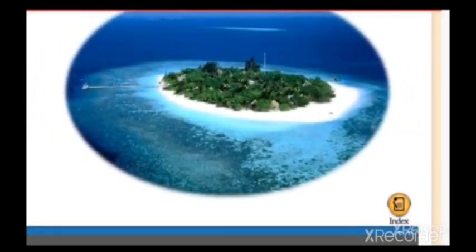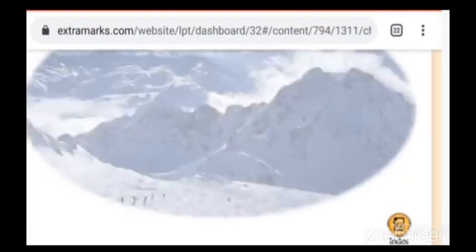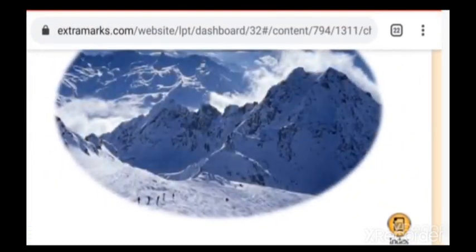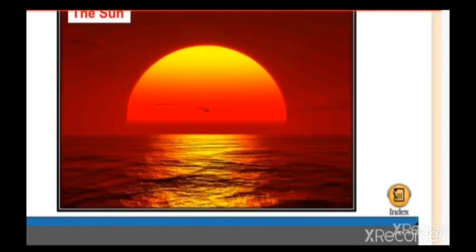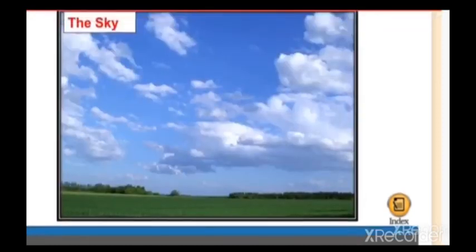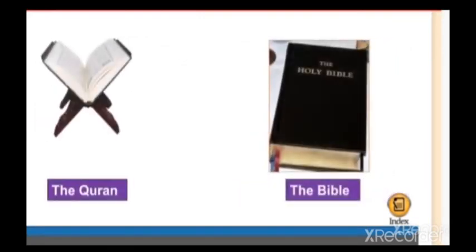See the following examples: the Pacific Ocean, the Alps. The is used before common nouns, which are names of things unique of their kind, like the sun, the moon, the sky, etc. The is used also before the names of holy books, the Quran, the Bible.